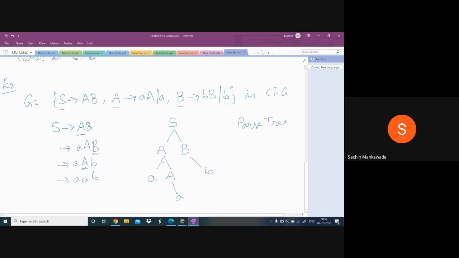If you take all the leaves from left to right, that is AAB. AAB is the string for this tree. So the derivation, whatever we do, can be represented using trees. Those trees are called parse trees or derivation trees. Copy this. And the string is obtained by taking all the leaf nodes from left to right.